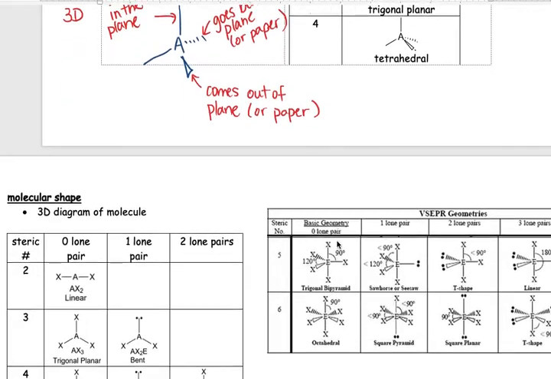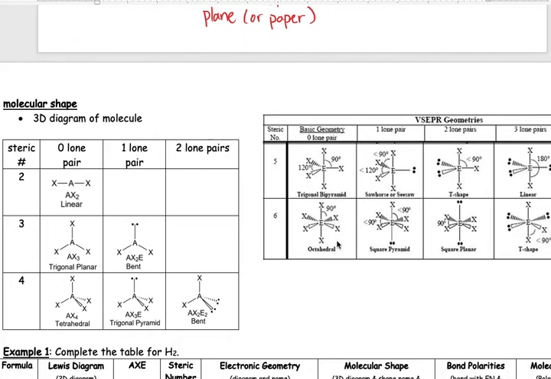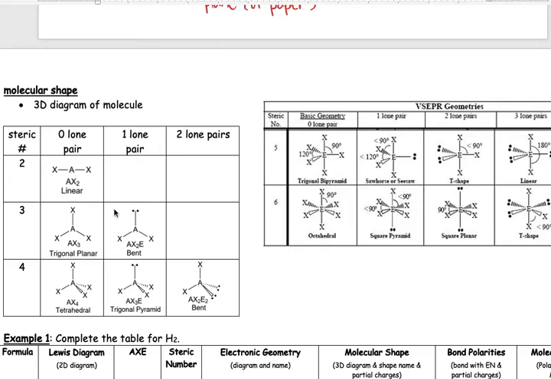But I just want to let you know that here's a little bit more detailed diagram. We have A with the peripheral atoms forming a linear shape. This one's trigonal planar, tetrahedral. We're going to have some that are bent, some that are trigonal pyramid, and others that are bent with two lone pairs like that.